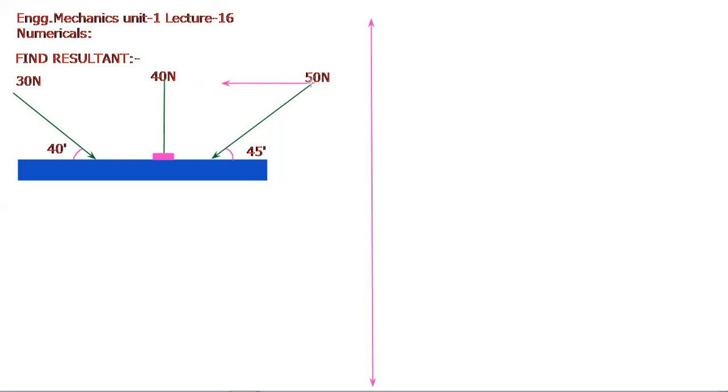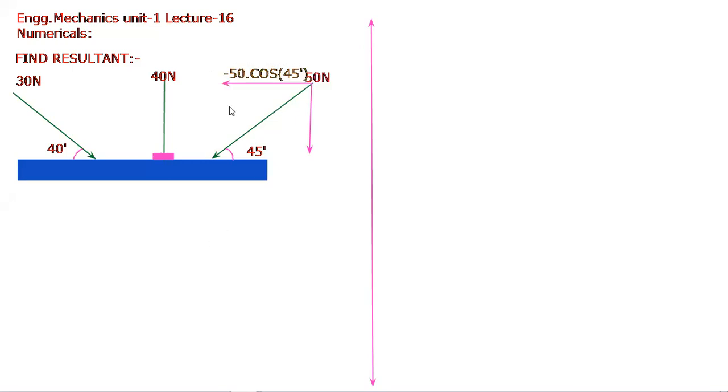So you have to split this force into one component parallel to x-axis, one component perpendicular to x-axis. Okay. So we have to write here minus 50 cos of 45 degree.